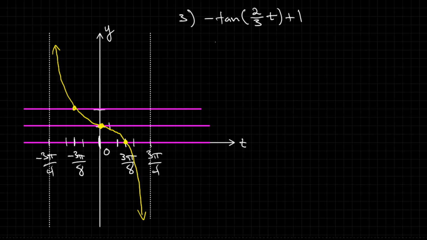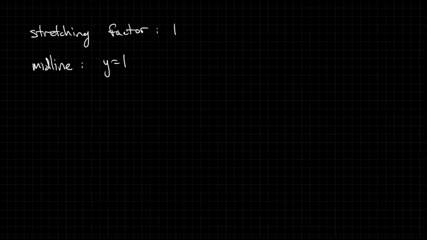In this case, there's no phase shift, but just to emphasize this point, the phase shift is obtained when you get the horizontal shift and this number is multiplying both t and the constant here. So in this case, the phase shift is just going to be 0. So the phase shift is the horizontal shift and in this case it's 0.